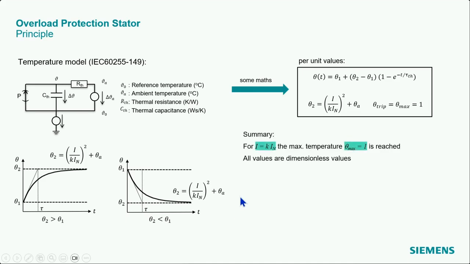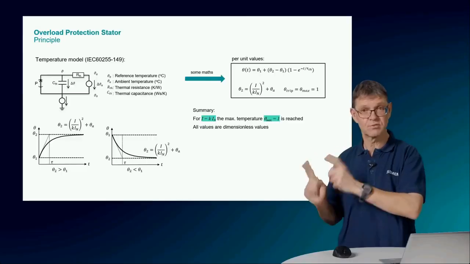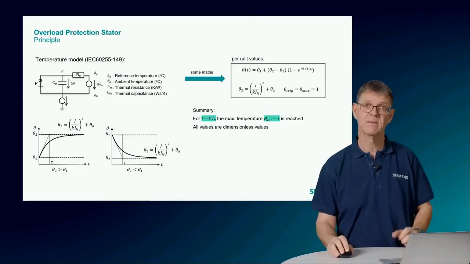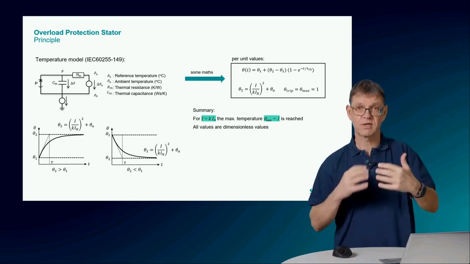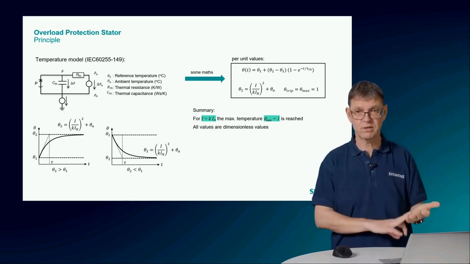The summary of all that: for the maximum current, which is described by a K factor, K times IN, we reach the maximum temperature, which is 1. And then we need to give the tripping command. All the values we see in that function, also on the screen, are dimensionless values.